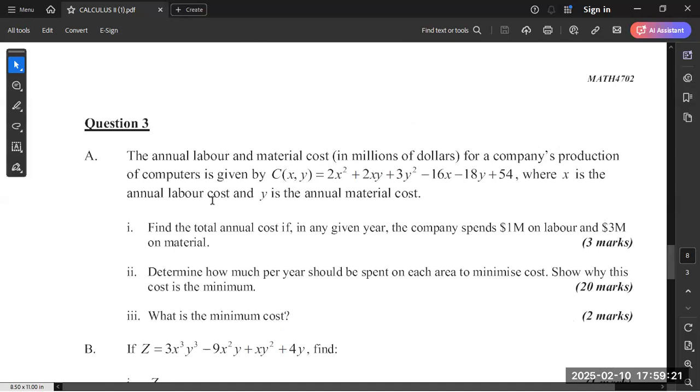That question is about stationary points of a multivariable function. The one in question 1 is a stationary point of a single variable function. The single variable function is done in Calculus 1. The multivariable function is done in Calculus 2.